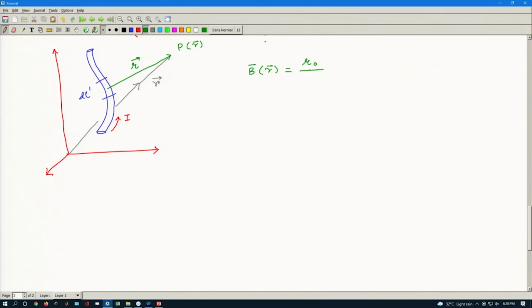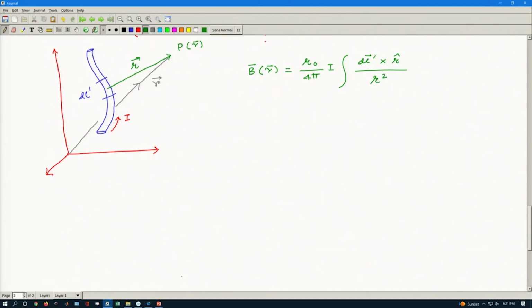So, I am writing it as mu 0 divided by 4 pi, then the amount of current, and then for the entire wire d l prime cross, very important, then the unit vector of this curly r divided by r square.